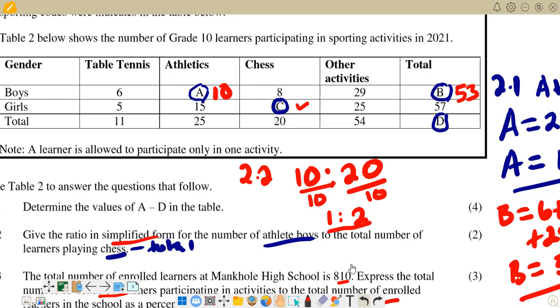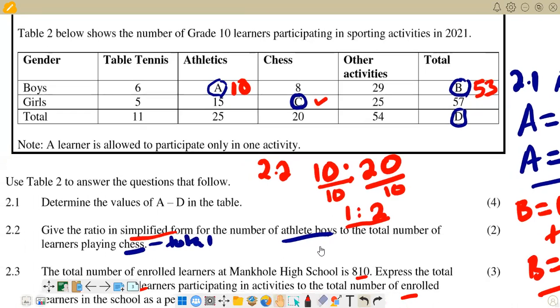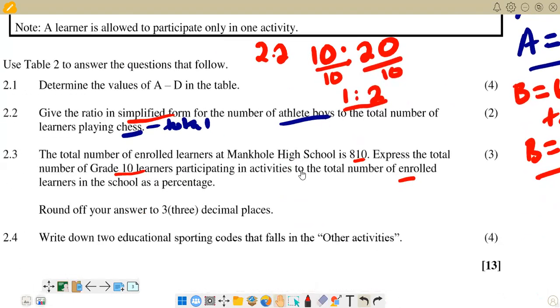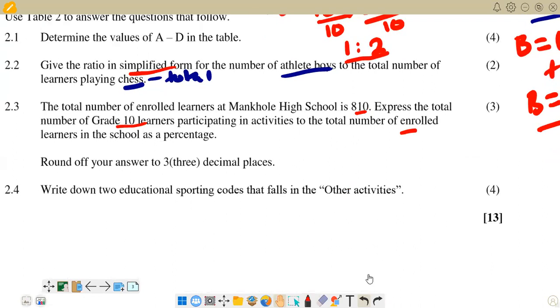So we are on 2.3. Remember, we are saying 110 over 810, and it's being expressed as a percentage.